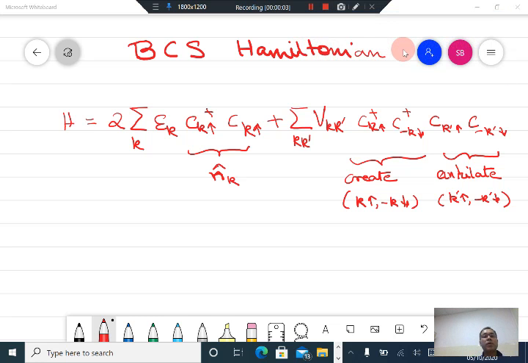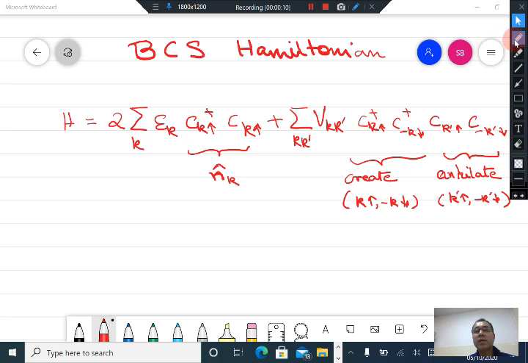Okay, so let us continue with our BCS calculation. If you recall, we had written down the BCS Hamiltonian, where the first term is the kinetic energy for a free electron, where Ck dagger Ck is the number operator, the number of electrons in the momentum state K up, where this arrow represents the spin up of the particle with energy Ek.